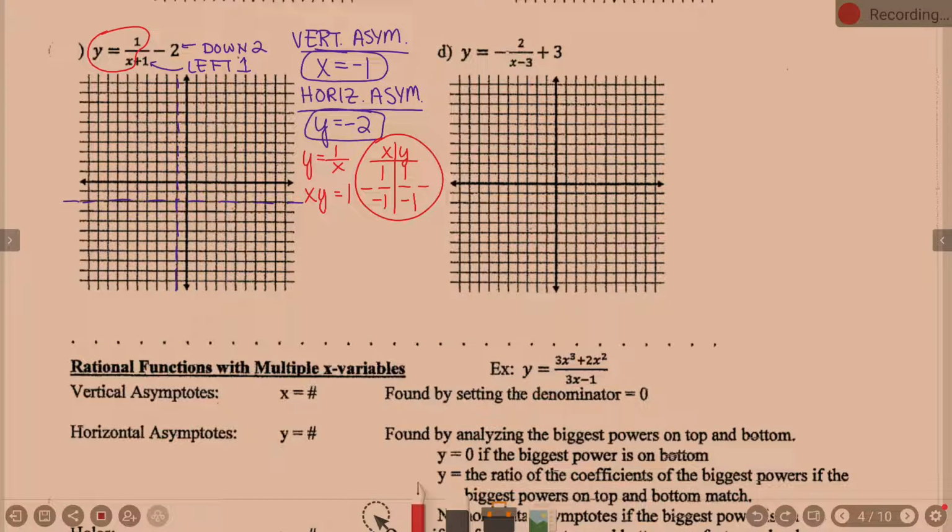As we talk about these points here, do you realize how this is working? Am I going 1, 1 from 0, 0? No, I'm going 1, 1 from my new center. Do you understand what I mean there? So my new center is right there where my asymptotes cross. So where my asymptotes cross, from there I'm going to go 1, 1.